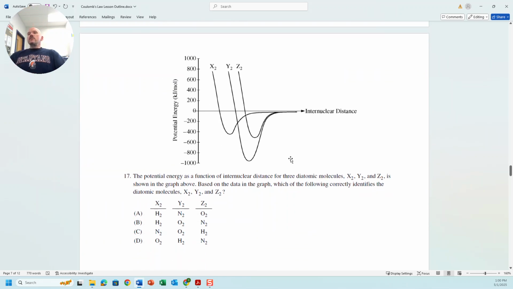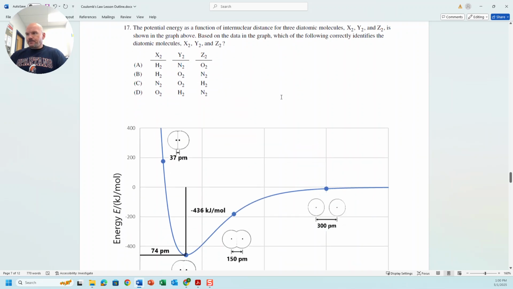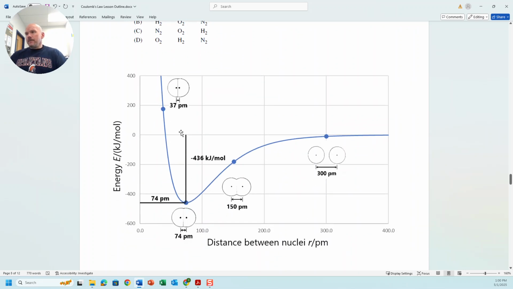Okay, so these are those bond energy diagrams I was talking about, right? So diagrams that look like this. So remember how to interpret it, right? It has a negative energy because remember, this is showing the amount of energy released when a bond is formed, and forming attractive forces like a bond is warming, right? So it releases energy. So as the two atoms get closer to each other, it increases the attraction.